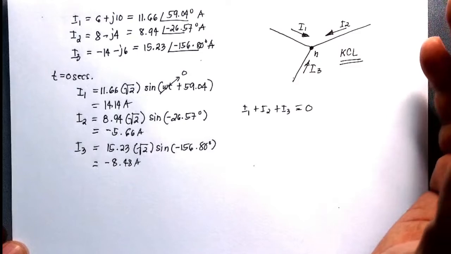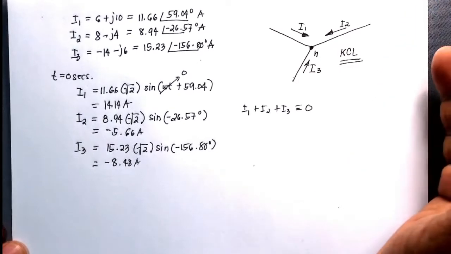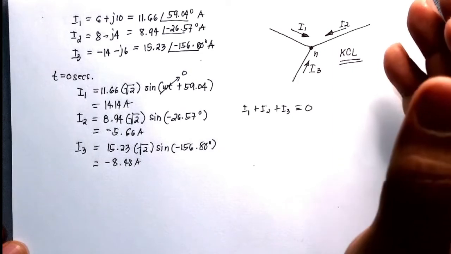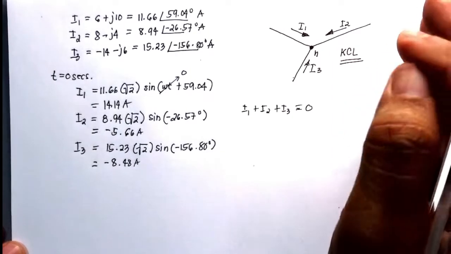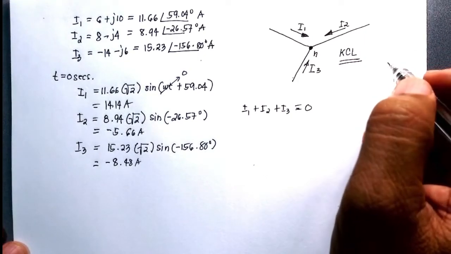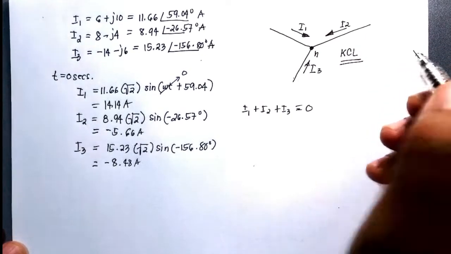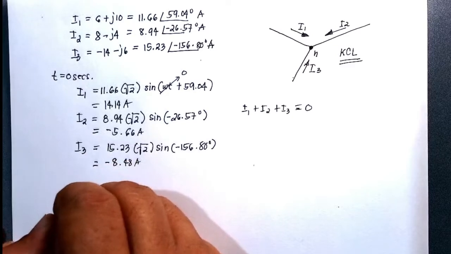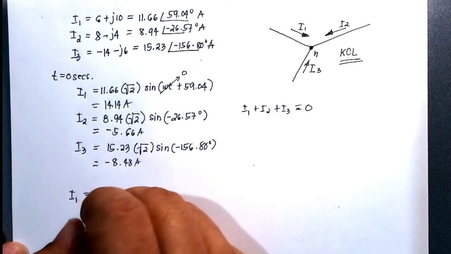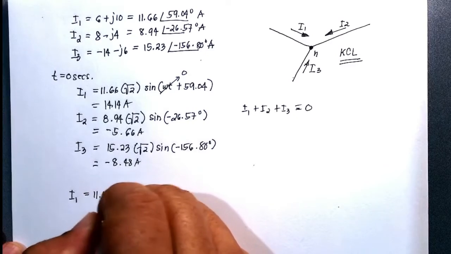Now how about if the currents are at a certain degree? It means that our time is not at 0 seconds but at some other time. For instance, let us add 40 degree. So I sub 1, again is 11.66.